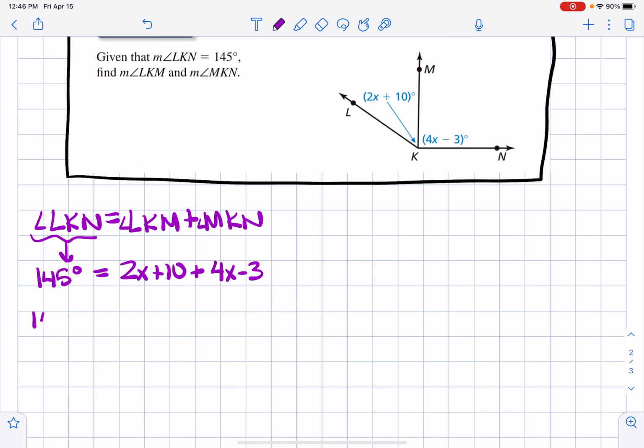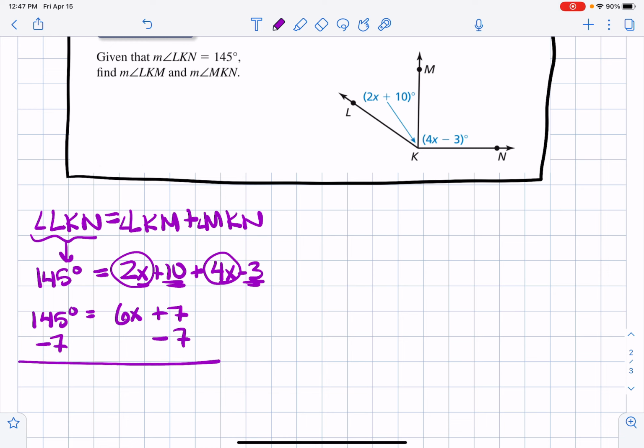So 145 degrees is equal to, okay, 2x and 4x are like terms. We can add those together and get 6x. 10 minus 3, of course, is 7, so positive 7. I want to isolate x, so I'm going to subtract 7 from both sides. Now, these are degrees, so 145 degrees minus 7 degrees is 138 degrees.